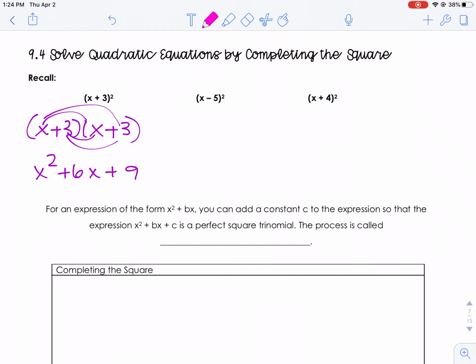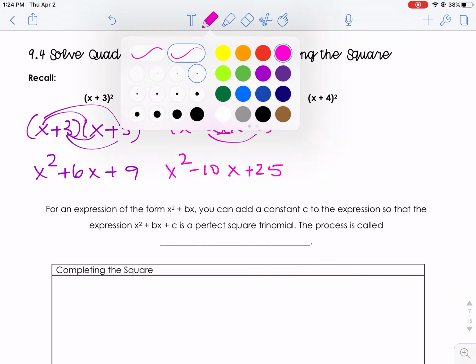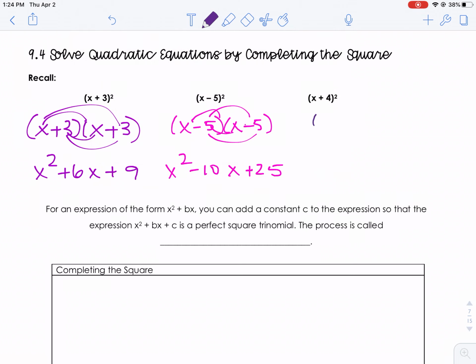Similarly, x minus 5 squared is x minus 5 times itself, and when we multiply that out, we end up with x squared minus 10x plus 25. Lastly, x plus 4 quantity squared follows the same pattern. When we multiply that out, we end up with x squared plus 8x plus 16.